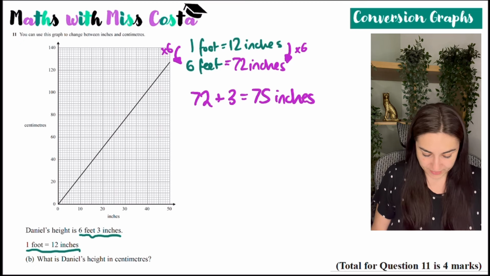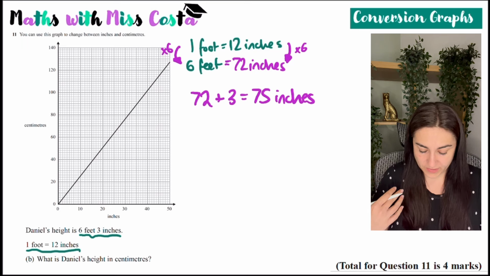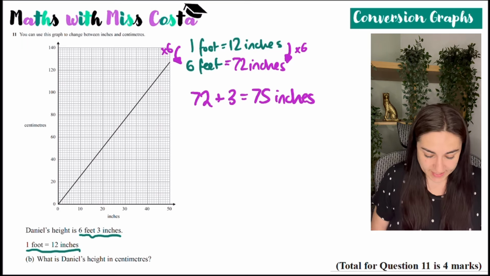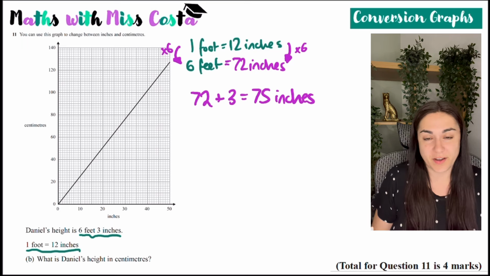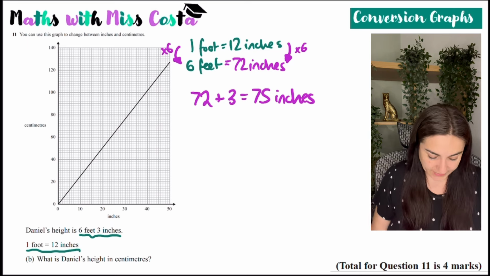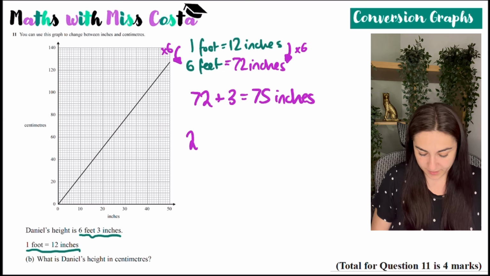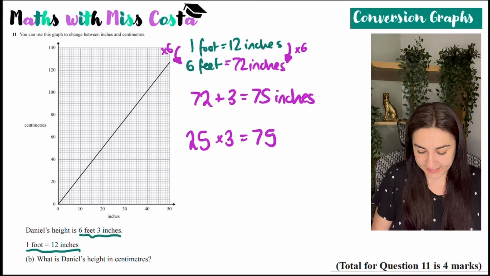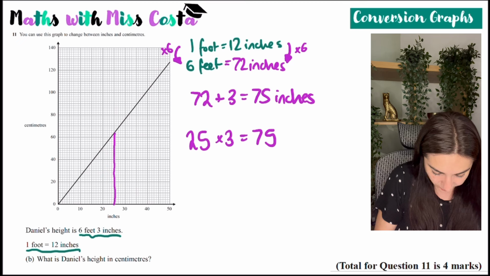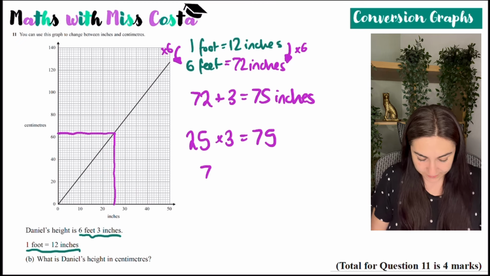So I need to figure out what 75 inches would be. Now there's a few ways that I can do this. Obviously the graph doesn't go up to 75, so I'm going to have to pick a factor of 75. So I could pick 25, because I know 25 times 3 gives me 75. So I go across my graph to 25 inches, I go up to the line and across, and then that takes me to 64 centimetres.